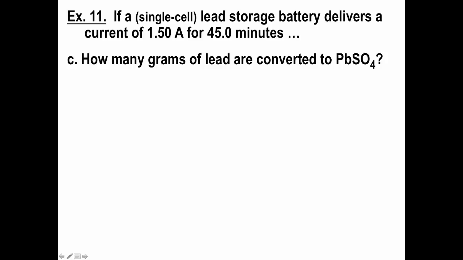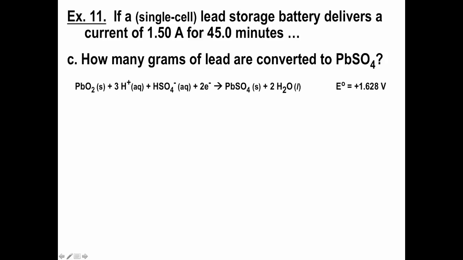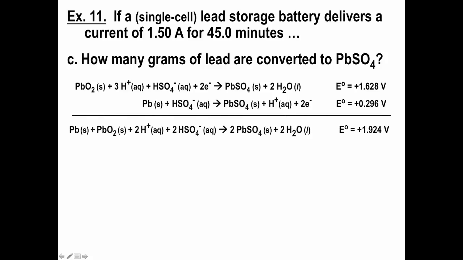And in the last part of this question, we're asked to determine how many grams of lead are converted to lead sulfate. Now, to do this, it's kind of helpful to remember the reactions that took place because we are going to need several things.